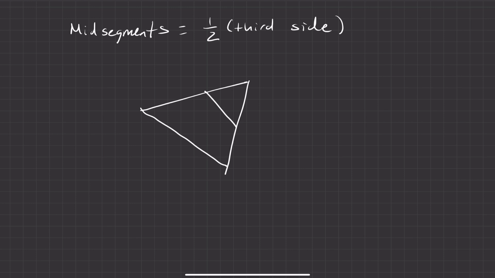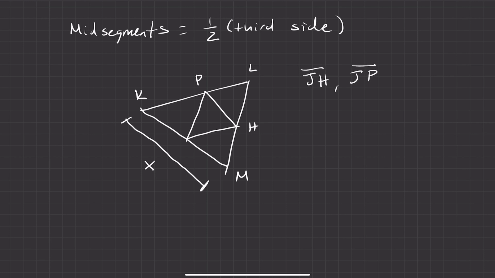Alright, so let's talk about midsegments. Midsegments are 1/2 as long as the third side. So if I were to say something like this, and we're going to say that segment JH, segment JP, and segment PH are the midsegments.